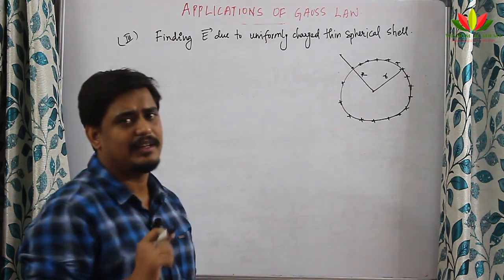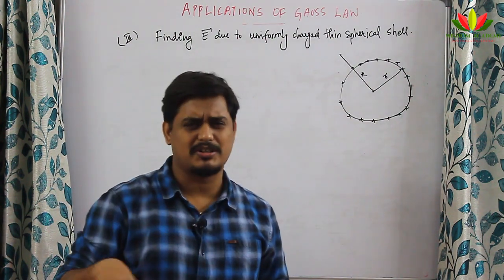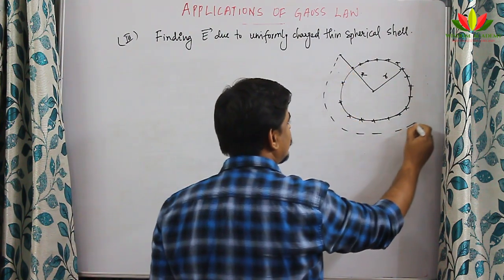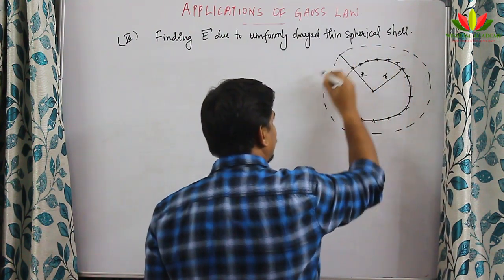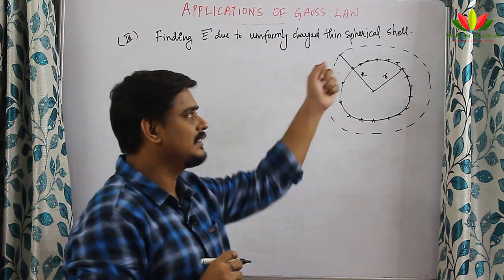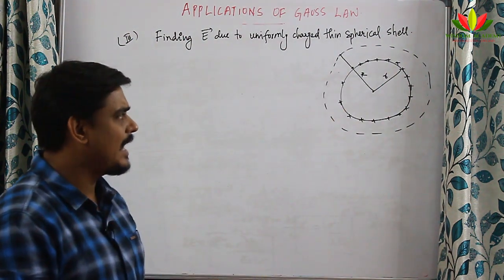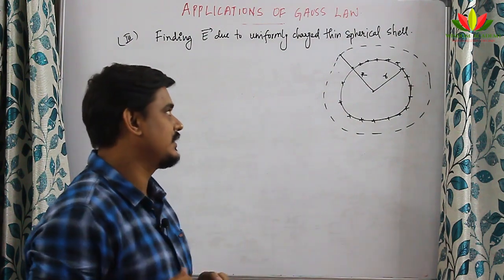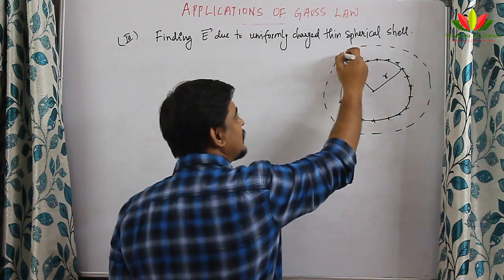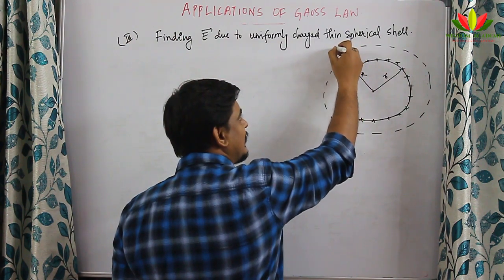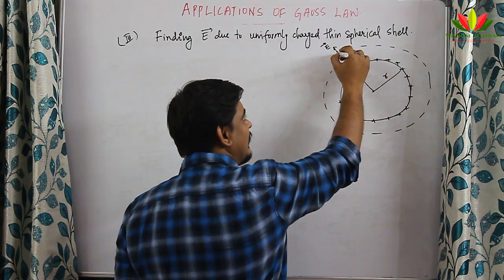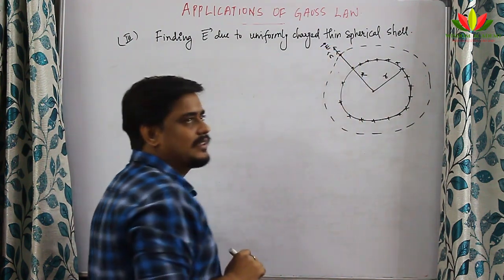Wherever you want to find the electric field, through that point I can draw a Gaussian surface. So I have drawn a spherical Gaussian surface, concentric with the shell, and now I am going to find the net electric field due to this charged spherical shell. At this point the electric field direction will be outwards, and the area vector will be in the same direction.